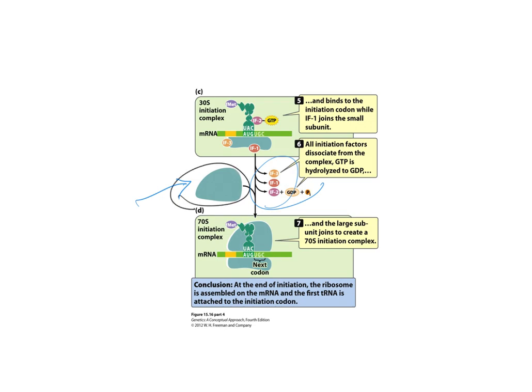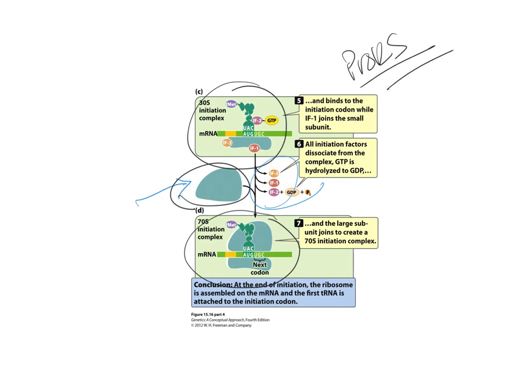The big guy, the large ribosomal subunit, jumps on after this is assembled. Again, prokaryotes, but the large subunit also hops on last in eukaryotes. So remember, small, then large. Well, small, tRNA with the fMet, and then large for prokaryotes.